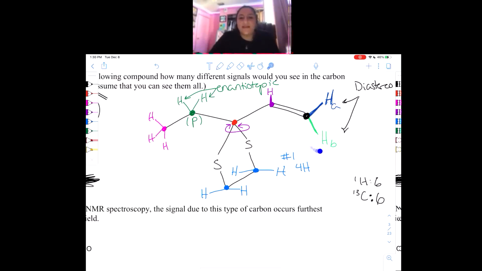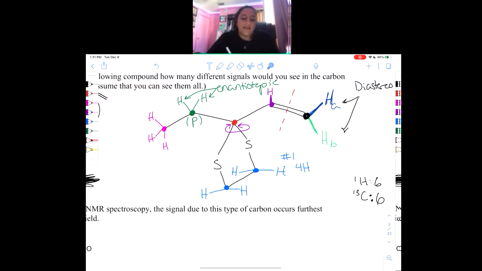The reason these are diastereotopic is because they are present on the same carbon of a double bond. Whenever we have a double bond, we cut it in half this way, and the two hydrogens on the same carbon can potentially be diastereotopic. The one on the other side will never be diastereotopic to one of these. It's just random. We don't like it. Now that we have two hydrogens here, the next step is to look at the opposite carbon, and the other carbon has to have two different groups.